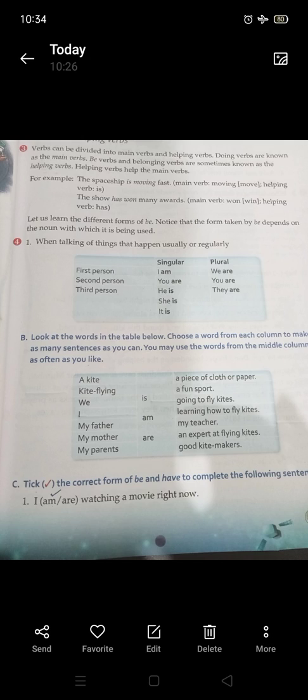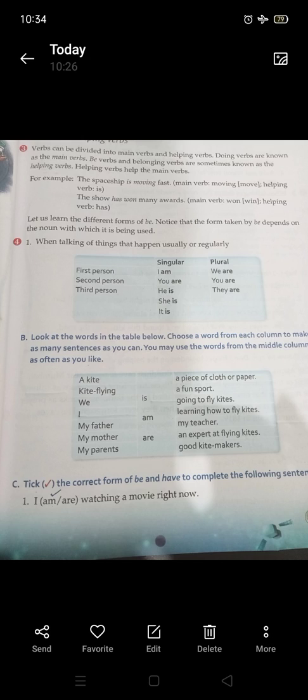Doing verbs are known as the main verbs. Be verbs and belonging verbs are sometimes known as helping verbs.